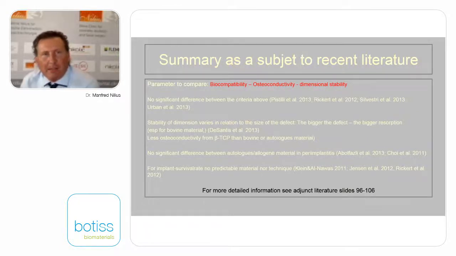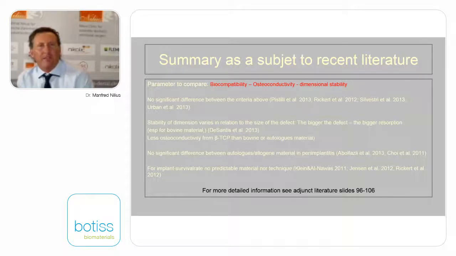When we see parameters like biocompatibility or osteoconductivity and the dimensional stability, until 2013 there are no criteria that show any differences between different methods. The conclusion is the bigger the defect, the bigger the resorption, and less osteoconductivity from better TCP than bovine or autologous material.